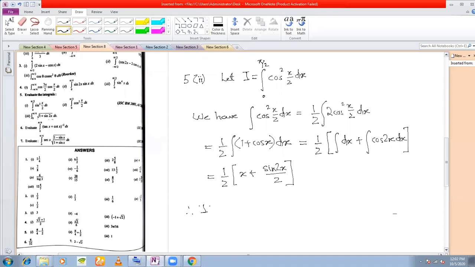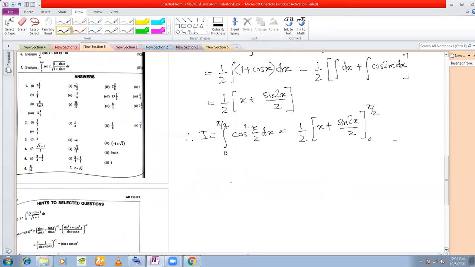So therefore, what is the value of our definite integral? Limits are 0 to pi by 2 cos square x by 2 dx. So half you can take out. You simply have to evaluate x plus sine 2x by 2 between the limits 0 and pi by 2.